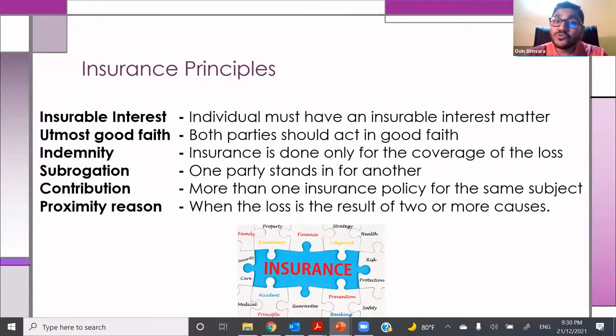Then utmost good faith. Both parties should act in good faith. You need to disclose all the necessary information when it comes to entering into a transaction as well as an insurance. So when it comes to importing goods, especially through sea, there are different types of cargoes: liquid cargoes, dangerous cargoes, highly flammable cargoes, or no problem at all, some simple cargoes.